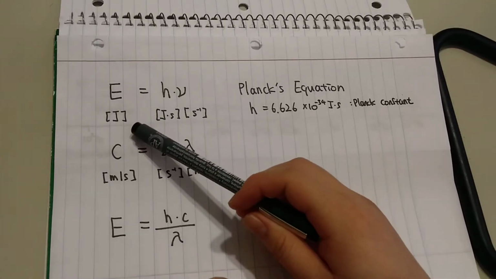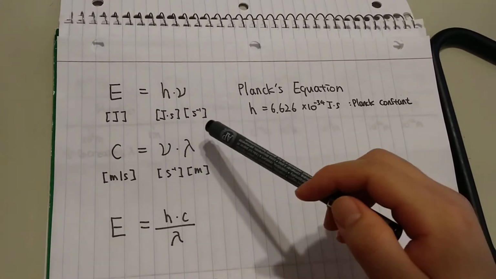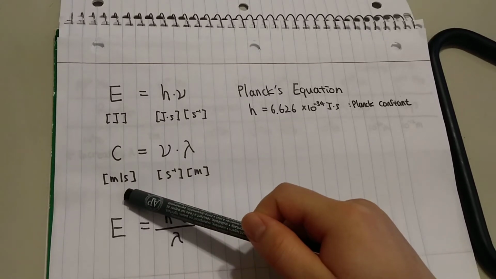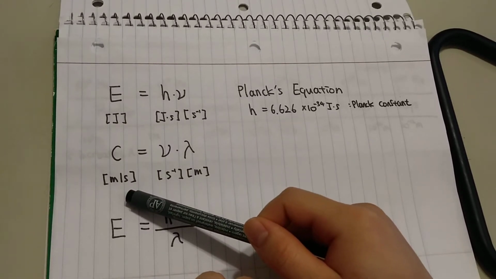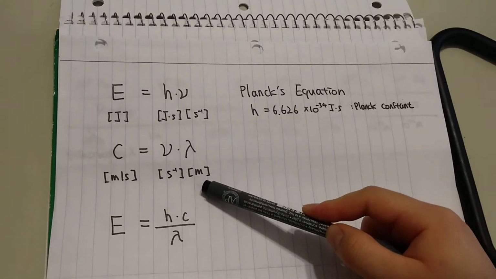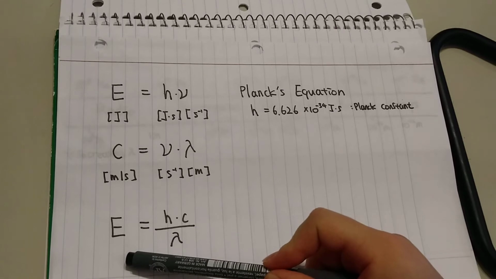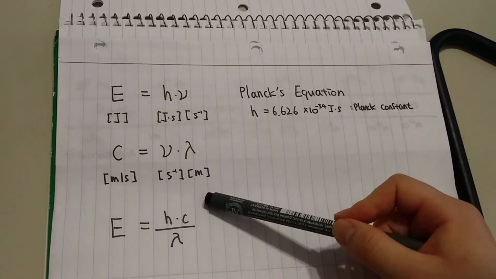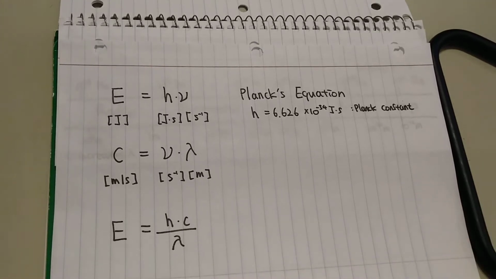So energy is equal to Planck constant times frequency, and as I mentioned earlier, speed of wave is equal to frequency times wavelength. So it can be expressed as energy is equal to Planck constant times speed over wavelength.